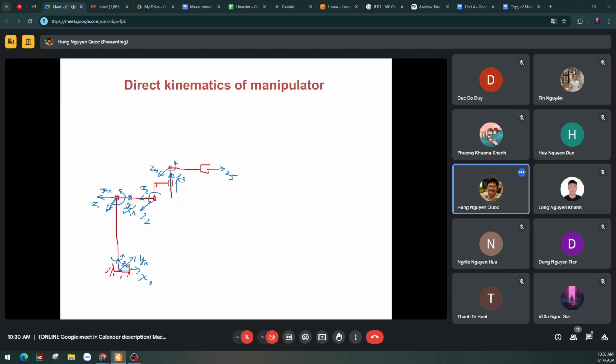Remember, X3 or O3 should be perpendicular and cross these two. So if you choose here, it is not correct. Then you should remember the cross here, this should be X3.